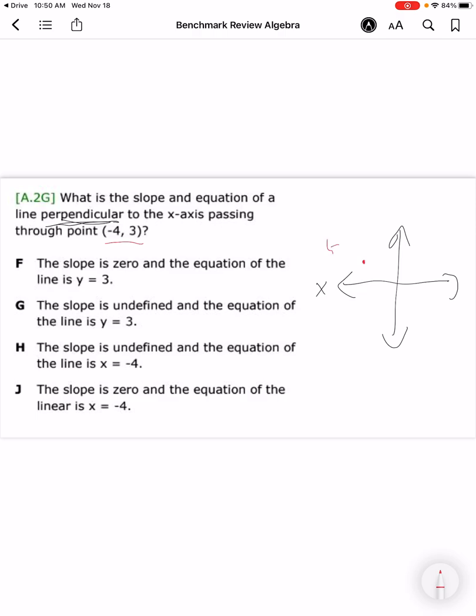So -4, 3 is roughly right there. And if my line is perpendicular, that means it's going to go through the x-axis at a 90-degree angle, which makes this a vertical, undefined line that is at x equals -4. So we want undefined and x equals -4, which is answer choice H.